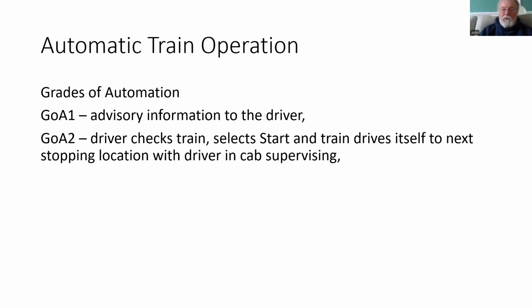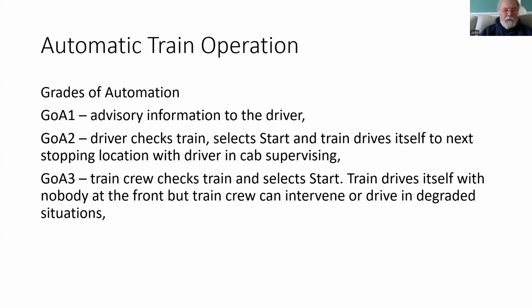But from that point on, the train will drive itself to the next stopping location. The driver in the cab may have some role at supervising the movement and observing for staff on the track to sound the horn, etc. However, they don't drive the train in normal operation.